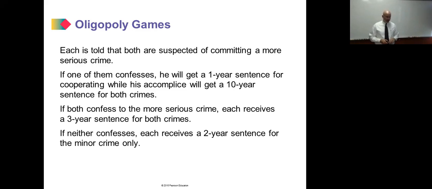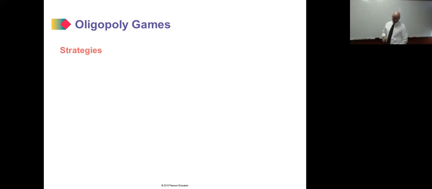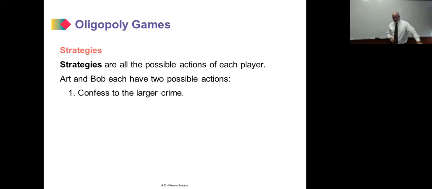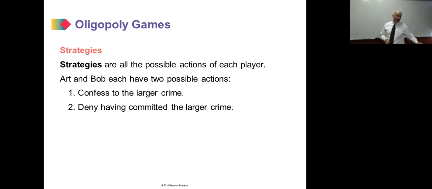If neither confesses, each will receive a 2-year sentence for the minor crime only. So what are the strategies of the game? Art and Bob can either confess to the larger crime, or they can deny having committed the larger crime.